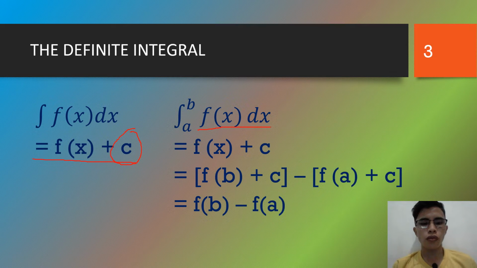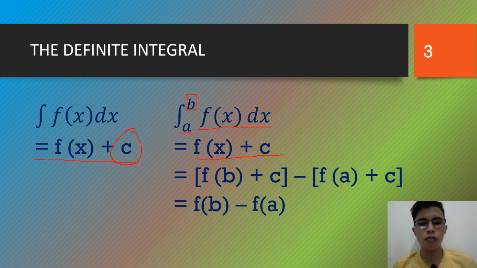So, kanina nakuha natin yung integral ng f of x dx, which is equal to F of x plus C. Tapos, in definite integral, there is what we call the lower limit and the upper limit. So what are we going to do? First, let's substitute the value of the upper limit to the resulting function.